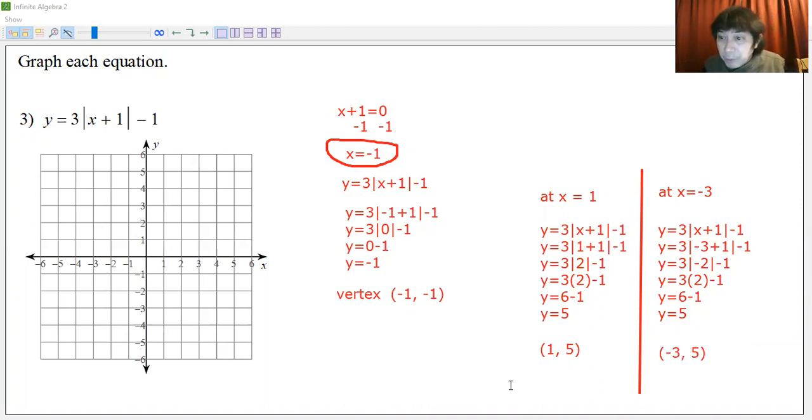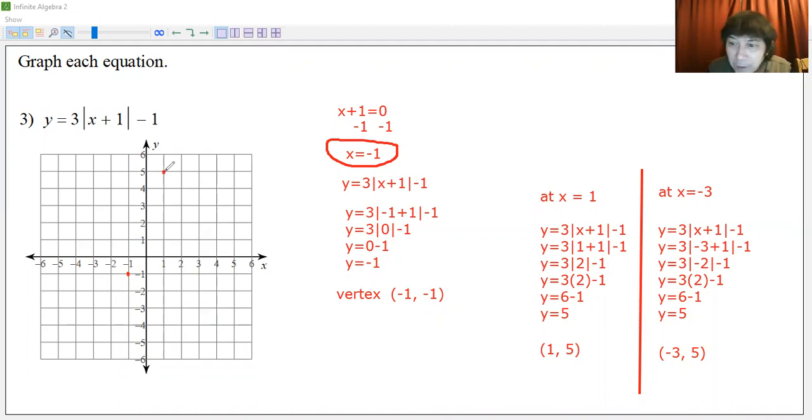And these 3 points will be enough for us to draw it. We found the vertex at negative 1, negative 1. And so we can start plotting our graph. Let us begin with negative 1, negative 1. It's located at the third quadrant over here. I am now putting the point. And then our second point is at 1, 5. So 1, 5 will be up here.